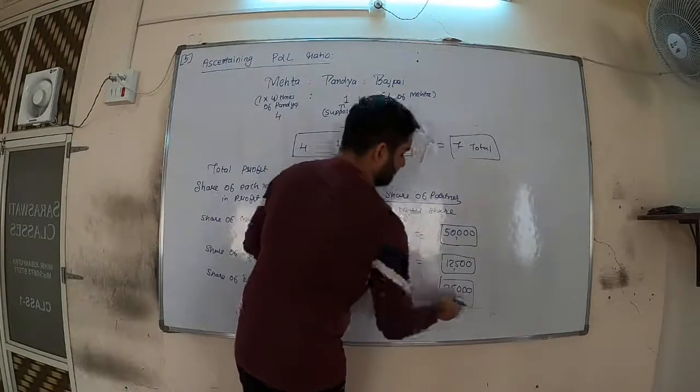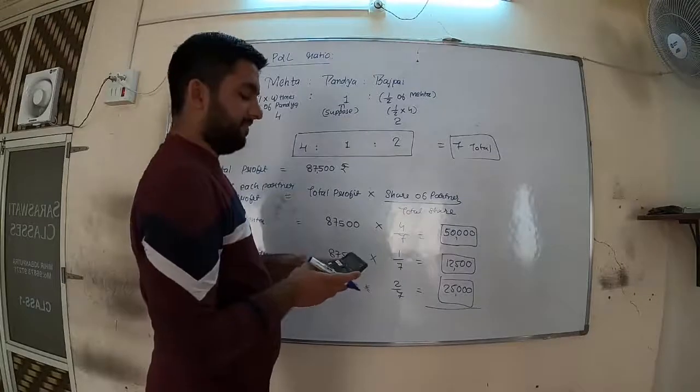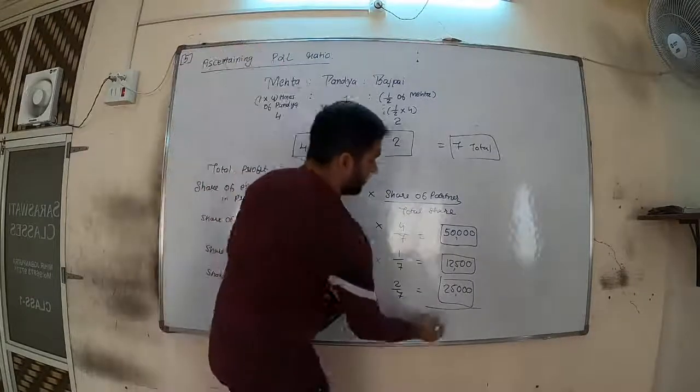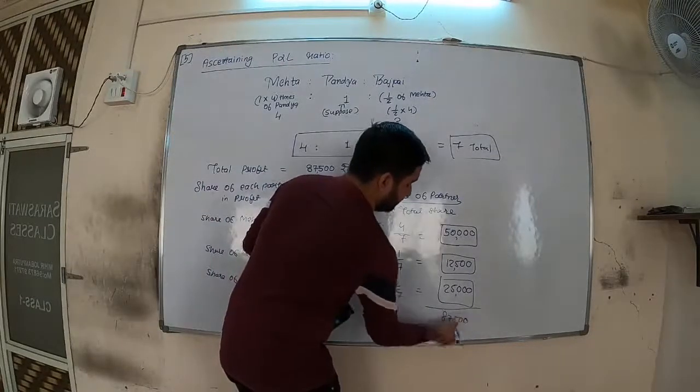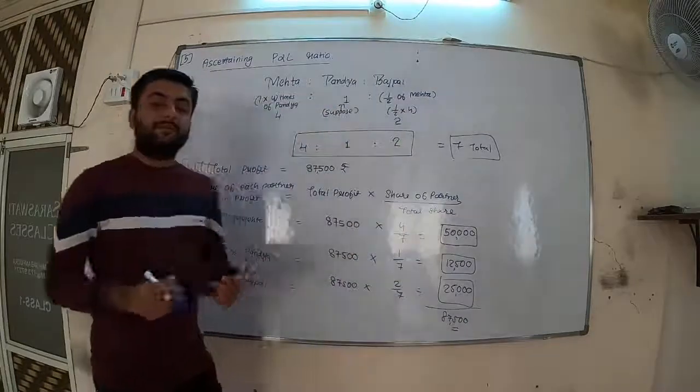To check whether our answer is correct or wrong, make the total again. It should be the total profit, 87,500. Now this is the sum.